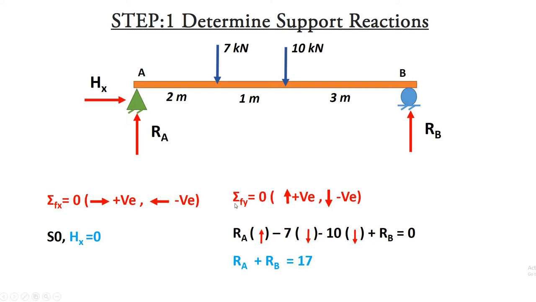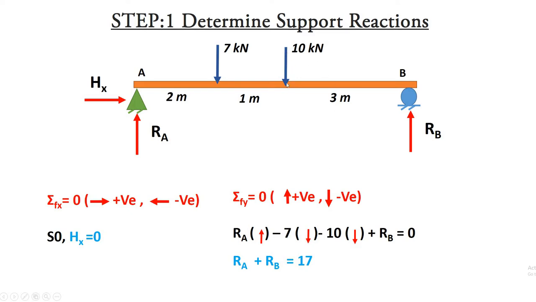Now another equilibrium condition is the algebraic sum of all forces in y direction is equal to 0, and our assumed sign convention is upward positive, downward negative. Let us carry out the summation of all forces in y direction. Ra is acting upward, so it is positive. 7 is acting downwards, so it is negative.